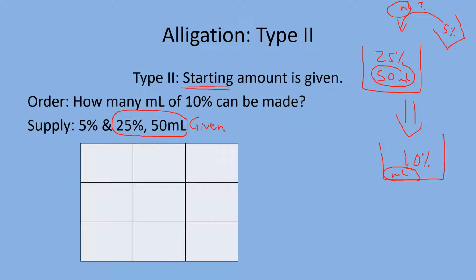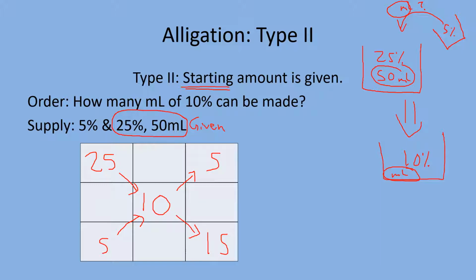All right, so start it the same. You put the order in the middle. You put your two supplies on the left-hand side. We got 25 and 5. We find the difference. Here's 15. Find the difference here. It is 5.